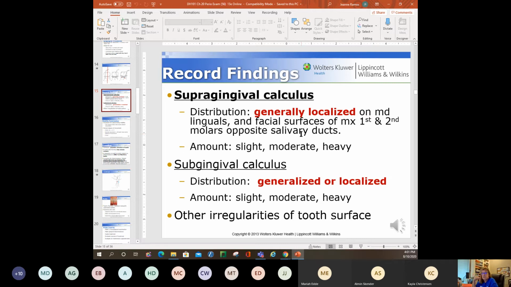So you usually don't see a person where that kind of calculus covers every tooth in the whole head. So that's why they're saying that supragingival calculus is generally localized.